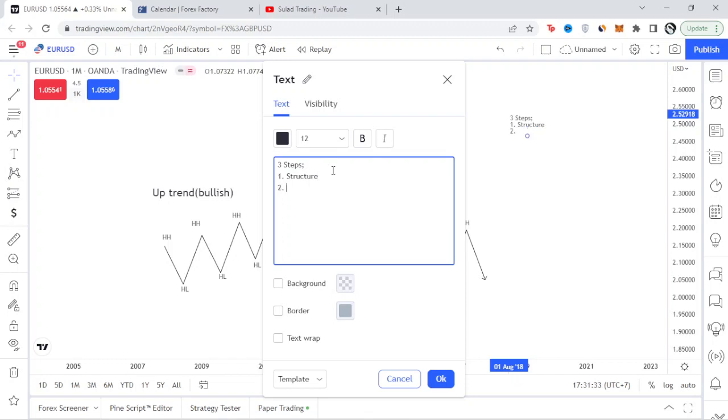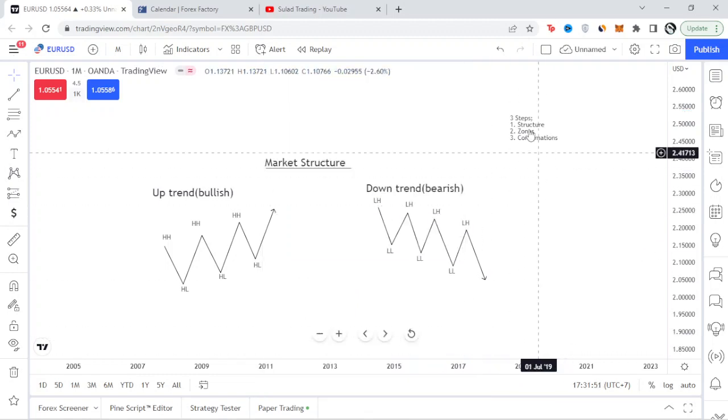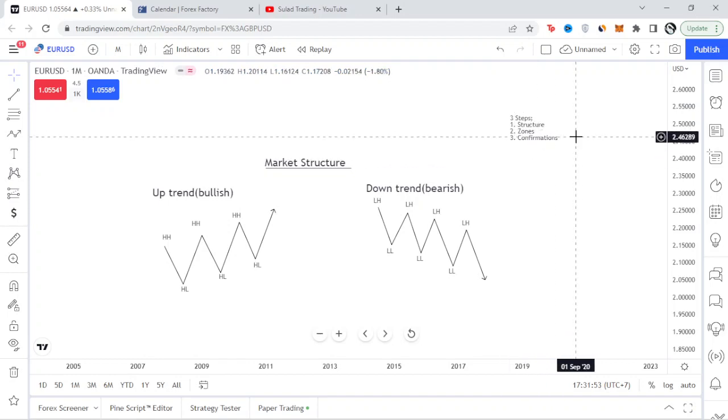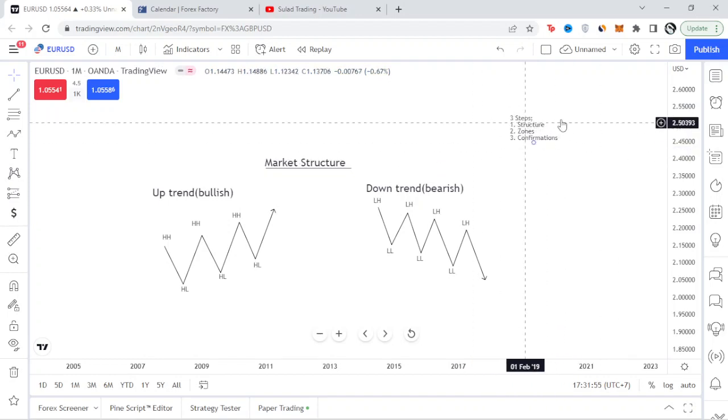Number two, we need our zones to trade off of. And number three, we need our confirmations. So these are the 3 things we said we're going to talk about and emphasize. But for starters, we're going to be dealing with structure.